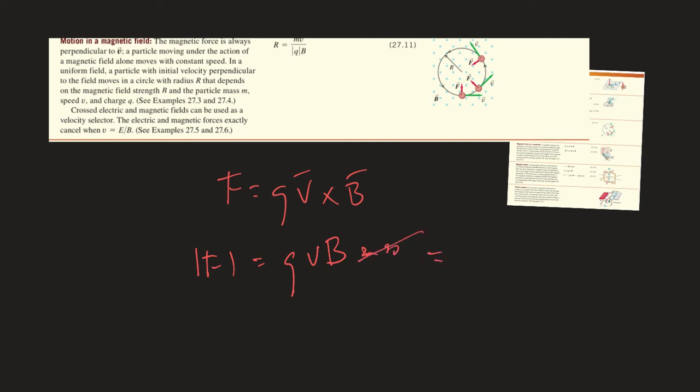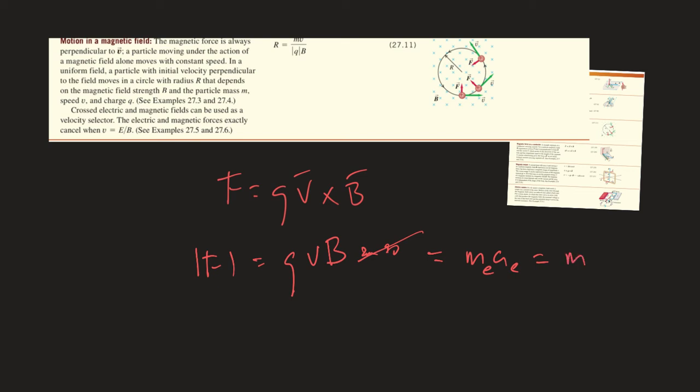So in this case, where the object is making a circular motion, the force is equal to the mass of the particle that is moving. If it's an electron, it will be the mass of the electron by the acceleration of the electron. If it's a proton, it will be the mass of the proton by the acceleration of the proton.